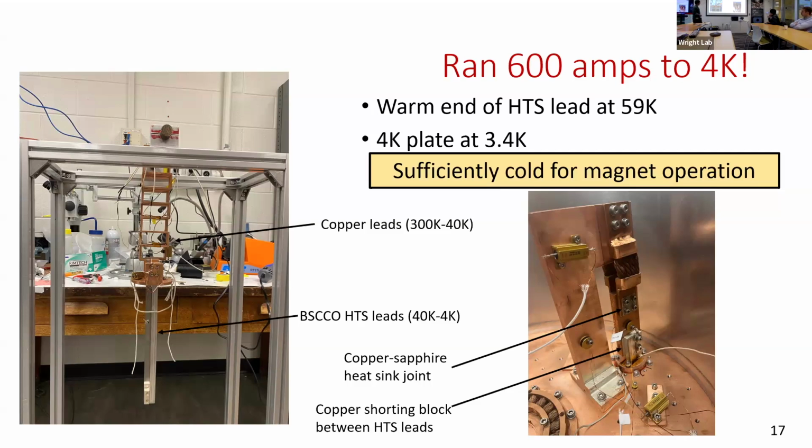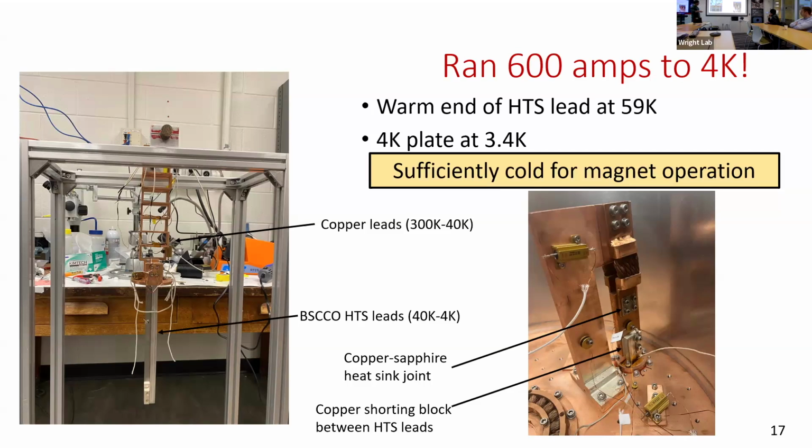The way that we are doing this is we have copper leads that go from 300 Kelvin to the first stage of the pulse tube at 40 Kelvin. You'll see those leads snaking around like this. And then at 40 Kelvin, we switch to high temperature superconductor, specifically BSCCO.